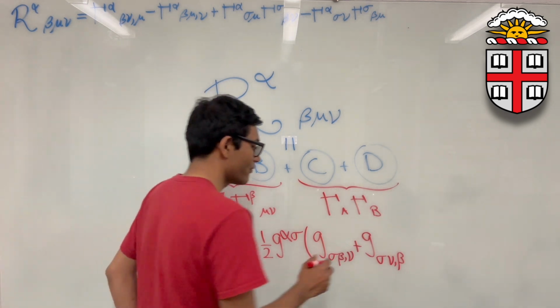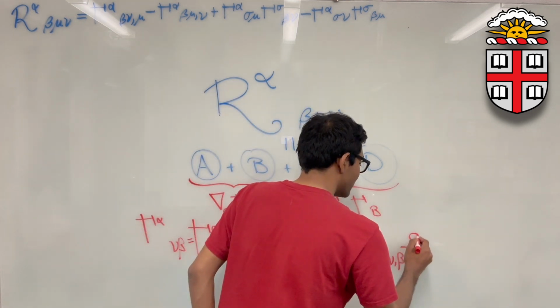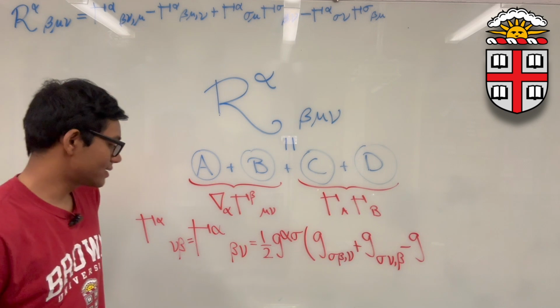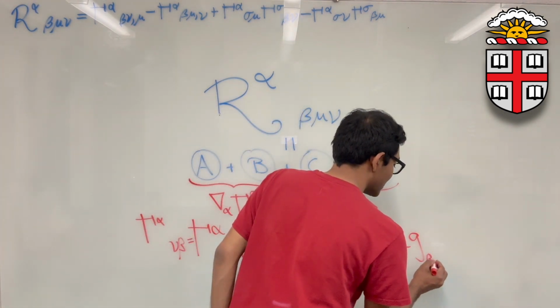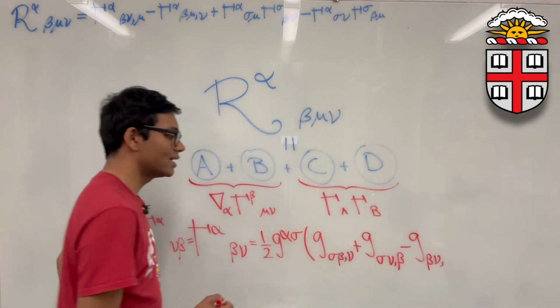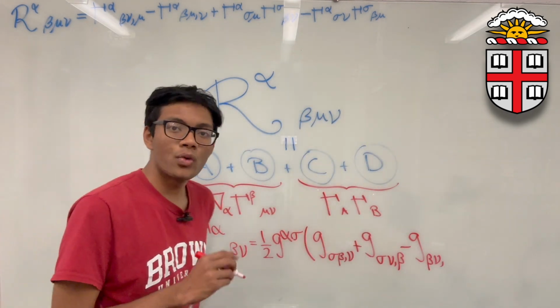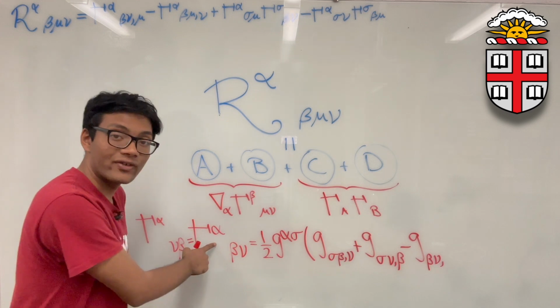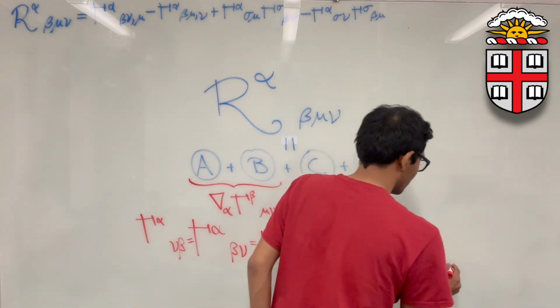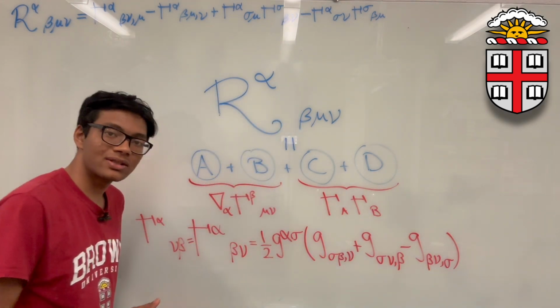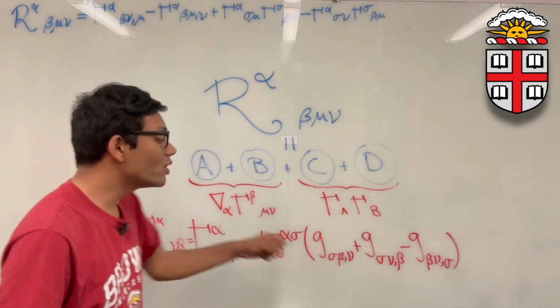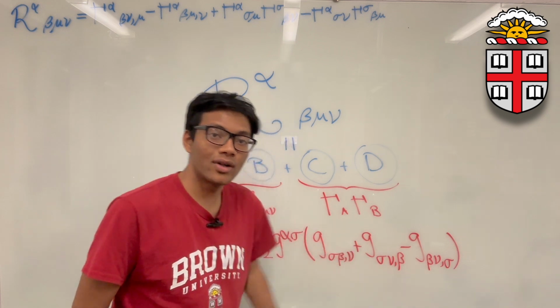But the Christoffel symbol will have one last metric term that's minus g, and then I have beta nu, the same order as it is written on the left-hand side. Take the derivative of that with respect to sigma, your dummy variable. So that's the idea. That's what the Christoffel symbol is. It's just derivatives of the metric.